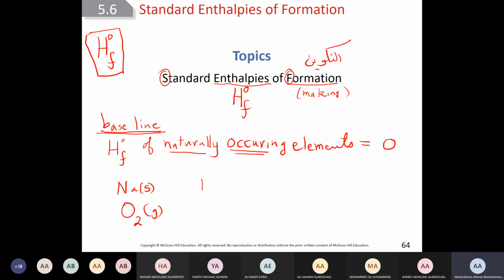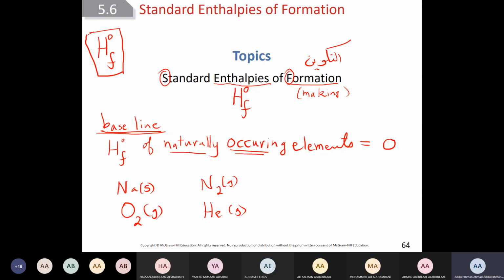All right. How about N? It must be N2 gas. Good. How about helium? 0. The gas is 0. Should I put 2 or not? Without 2. Noble gases are without 2.